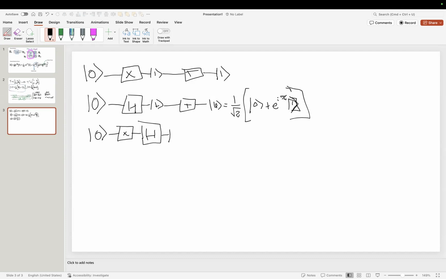So here what I get is minus. If I apply T, what I'm going to get is the same, but with minus sign. And minus e.